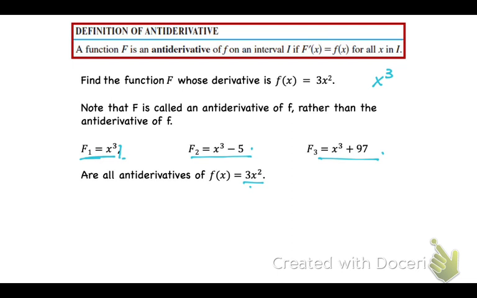So that's plus 0, minus 5, plus 97. So this would be known as what in a function? A constant? Yes? Because what is the derivative of a constant? 0.